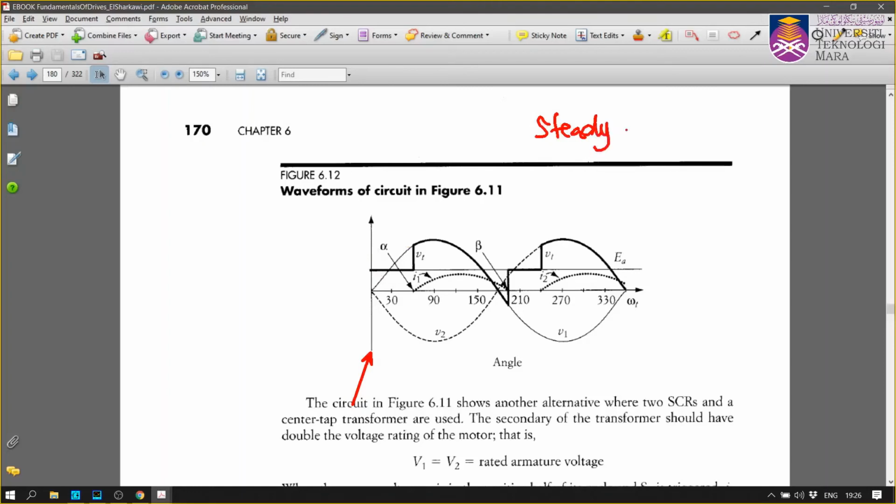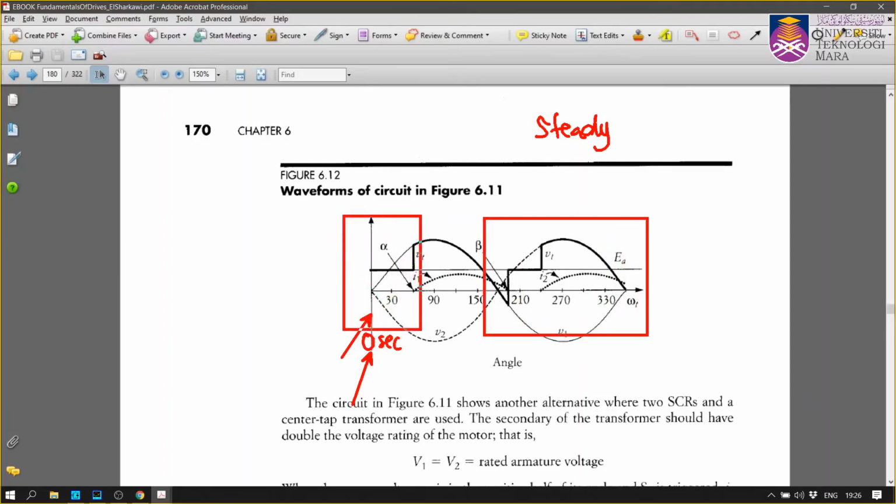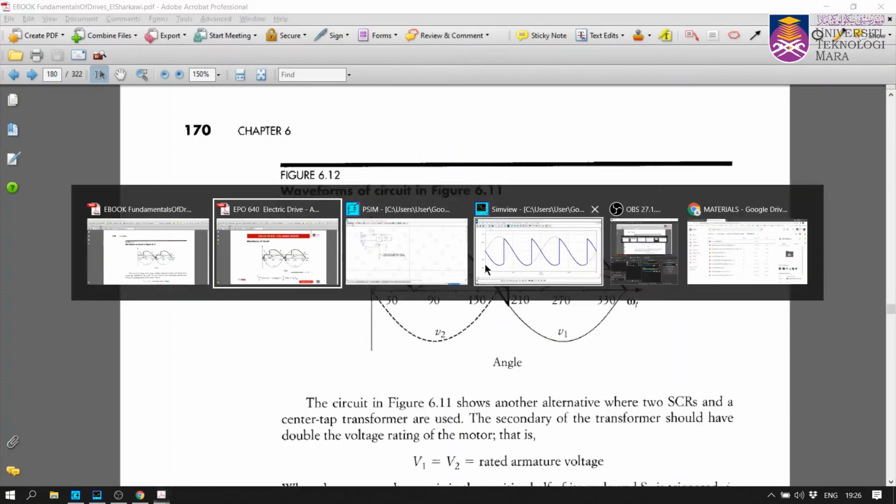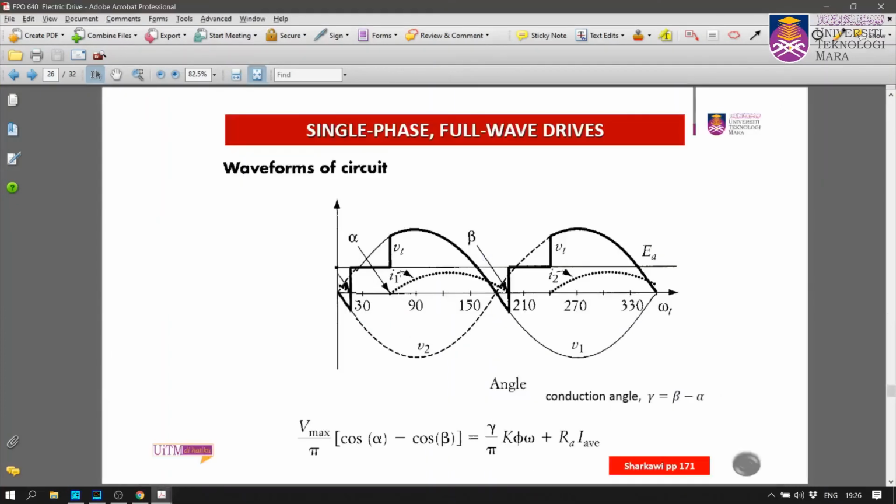Sharkawi represents it starting from 0 seconds, so of course from the starting point you don't get a similar waveform. This is a different waveform, so there's some mistake here, I would say. I already put the correct one in my slide. I should start with the same waveform there.